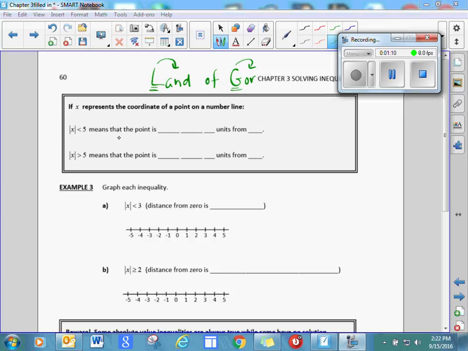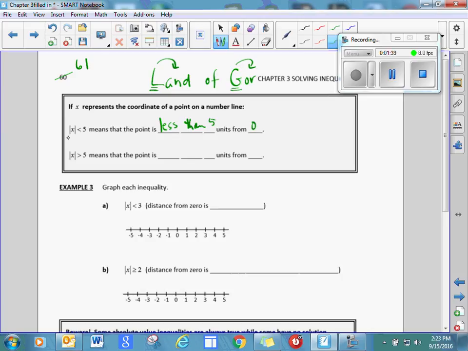So when we're looking at this absolute value right here, let me get to this page. Actually, I think we're on page 61. The numbering appears to be off on this particular paper. Anyway, we're at the top of page 61. This means the absolute value less than 5. It means that the points that are true for this inequality are all the points less than 5 units from 0.